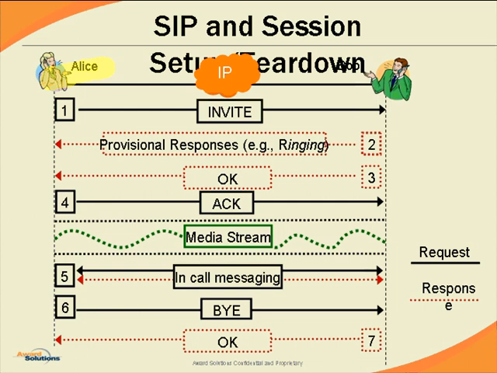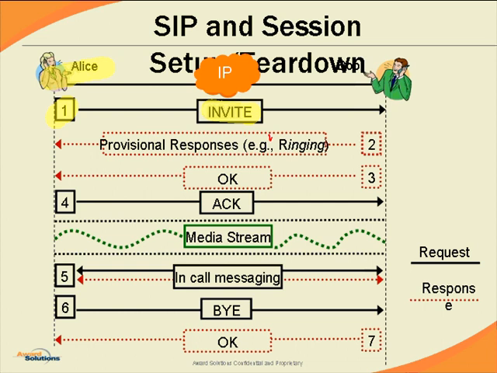The first message that we send for call setup is the invite message. Alice is inviting Bob for a voice over IP call. In general, it could be any multimedia call, but here we are interested in voice. So there is a SIP message, the invite message, and once that message reaches Bob, Bob's UE would send back some kind of response.